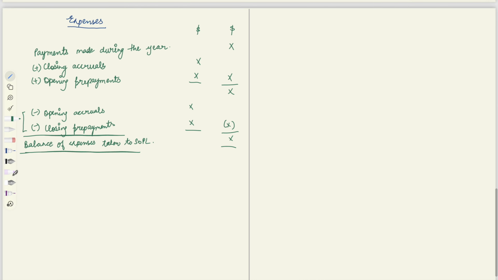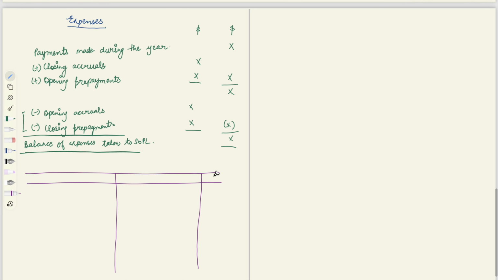Okay, now the same thing if we do it in a ledger account. First, the year's opening balances, balance brought down.